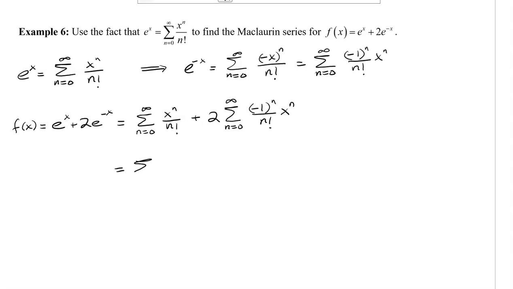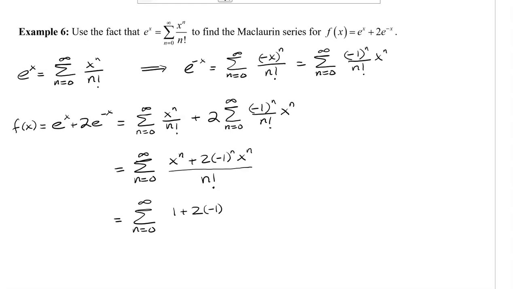Combining these, we get a power series that looks like this. If we factor out the x to the n, we get this. And there is our power series for the function e to the x plus 2e to the negative x. Go ahead and do the rest of the worksheet on your own.